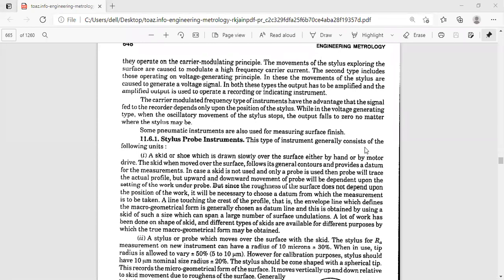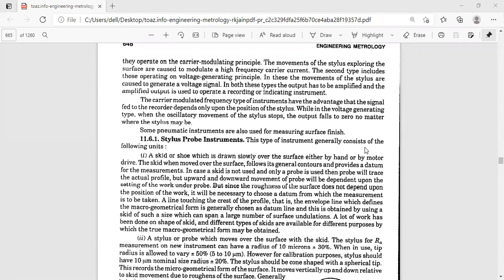What is the radius of the probe? What is the particular shape of the stylus at the tip, conical or spherical, and what is the force we have to use? That everything will be discussed in the features of the electrical integrating stylus instruments.